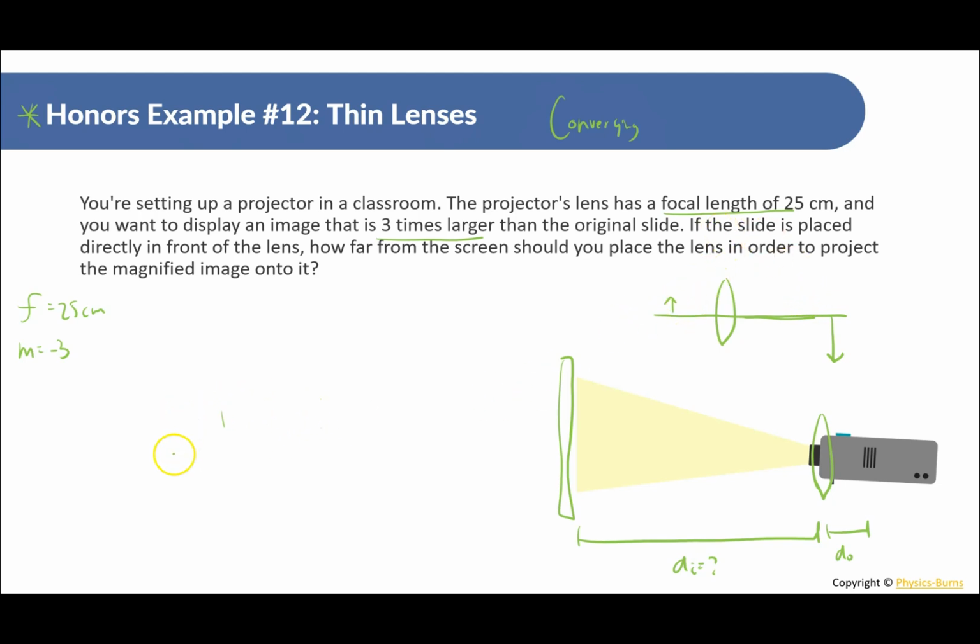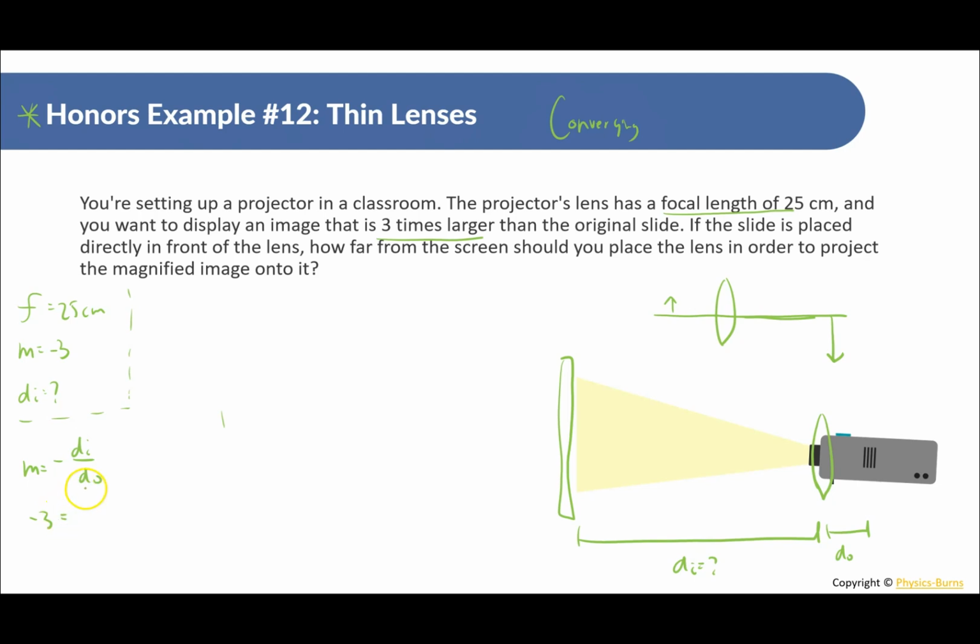That being the case, we should also know, okay, we're looking for a distance of image. That being the case, we should also know that magnification is equal to negative distance of image divided by distance of object. This is negative 3.